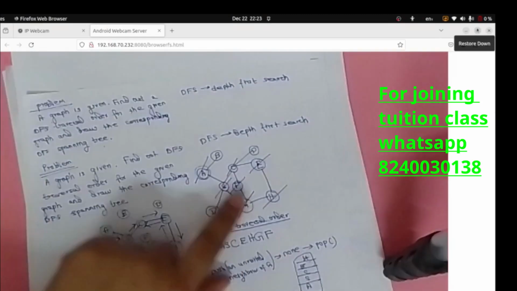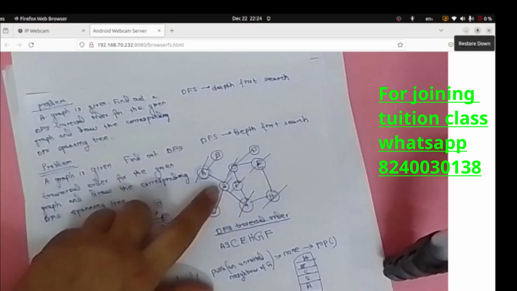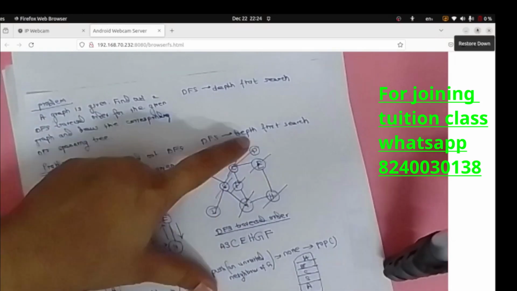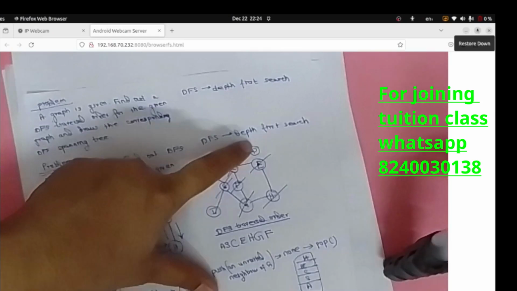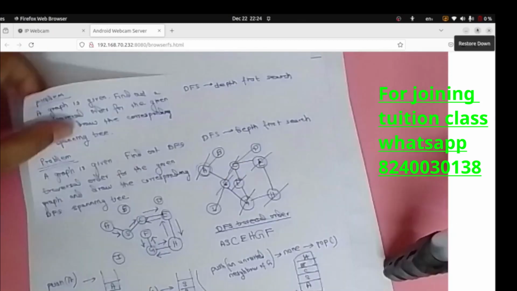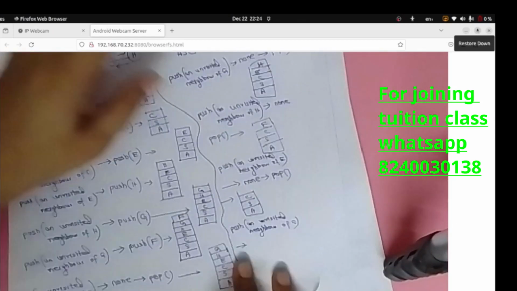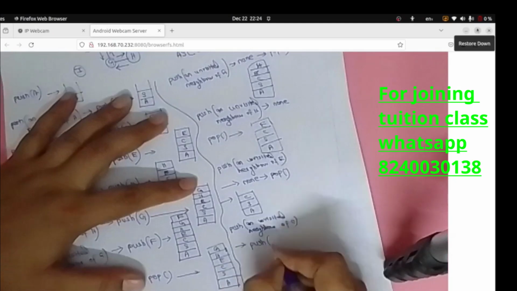C has neighbors D, E, F and S. Among these, only D is an unvisited neighbor. Yes. So what we will do? We will push this unvisited neighbor D, which is an unvisited neighbor of C. That will be inserted into the stack. So the next element pushed into the stack is D.